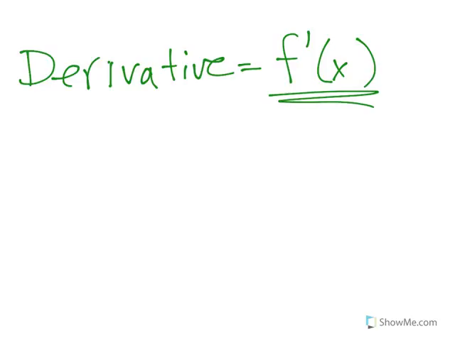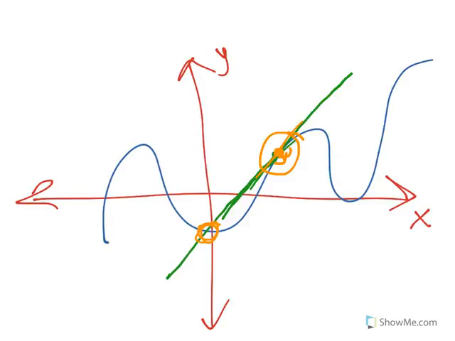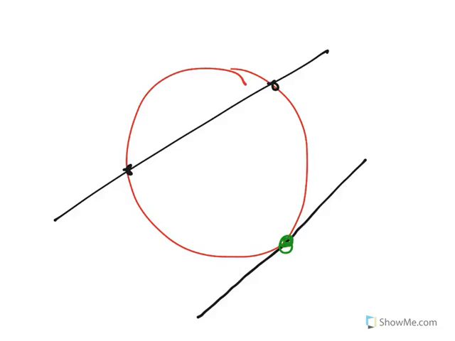So the derivative of f of x is the change in y over the change in x, the limit as the change in x approaches 0. So when the change is 0. Of course, as I said before, you can think of y as being f of x.